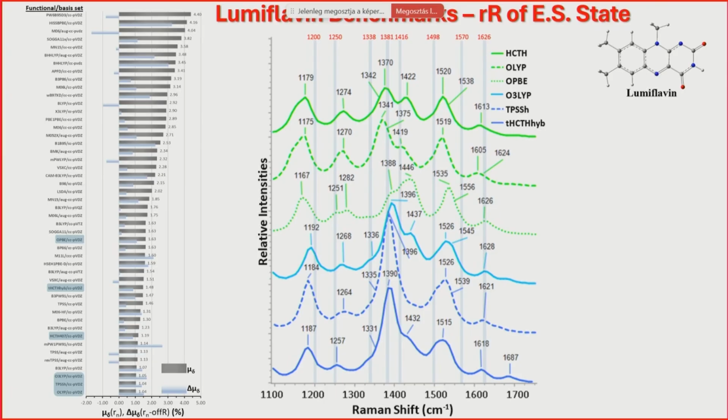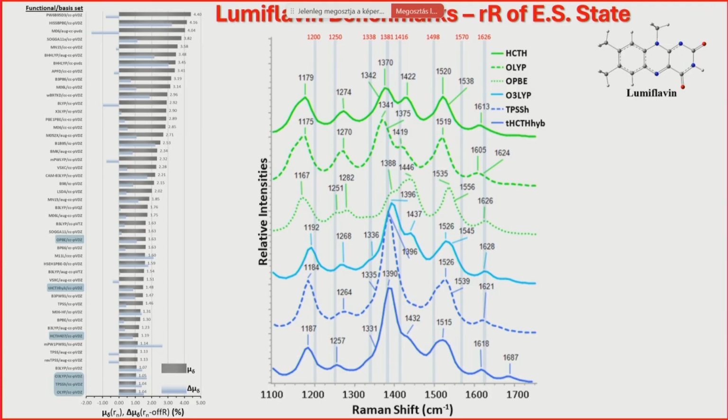Here are 6 of the best functionals, and the bars here are the positions of the experimental spectra. We focus particularly on this 1500 reciprocal centimeter region here, and we can see that all these functionals have intense bands in this region, as opposed to the B3LYP in the example before.